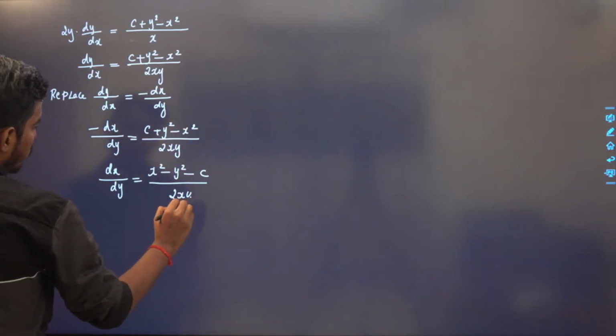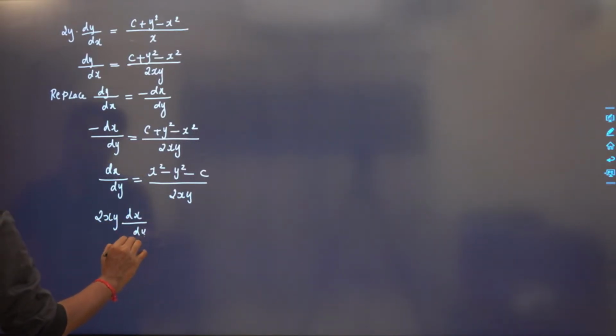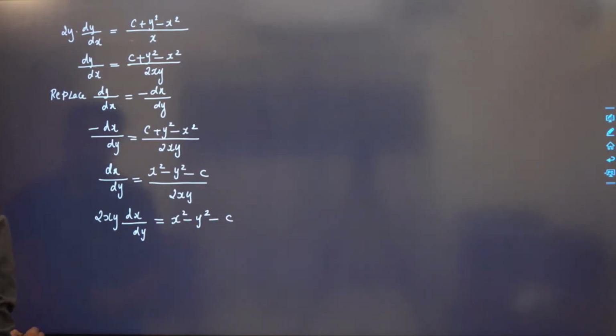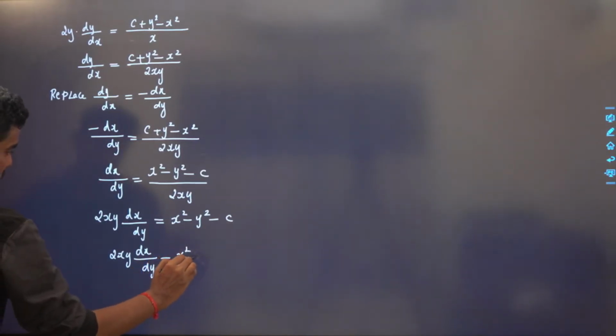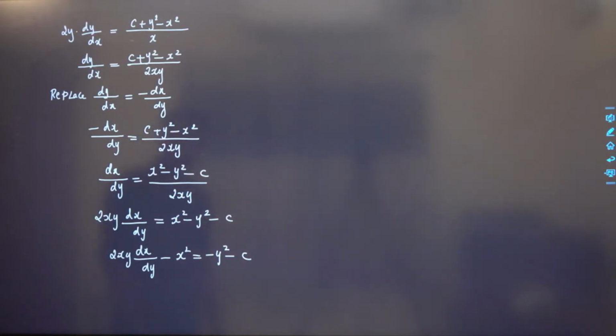We will have 2xy dx by dy is equal to x square minus y square minus c. So we have 2xy dx by dy minus x square is equal to y square minus c.